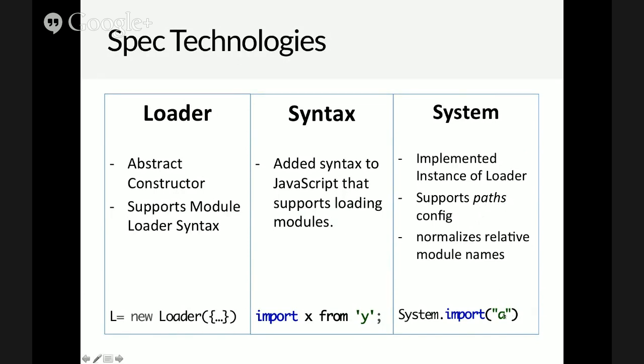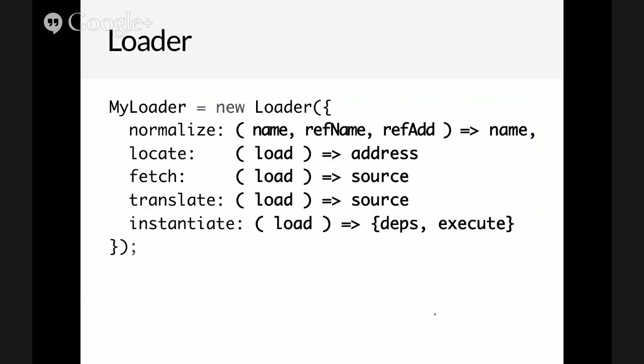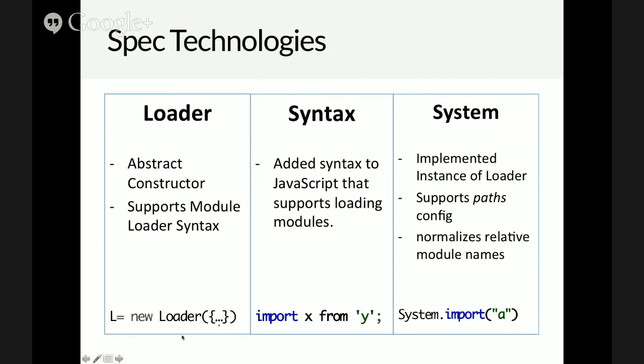That's basically it. It can only load modules that use the ES6 module loader syntax. That's all the default system loader does by default. Now, those are the three things on a high level.